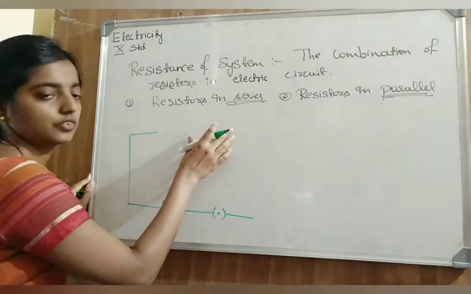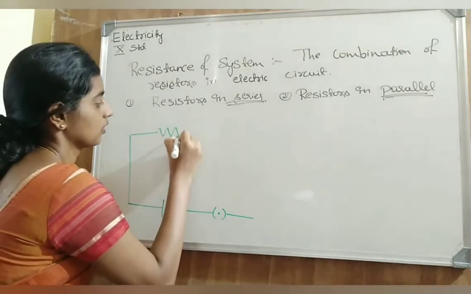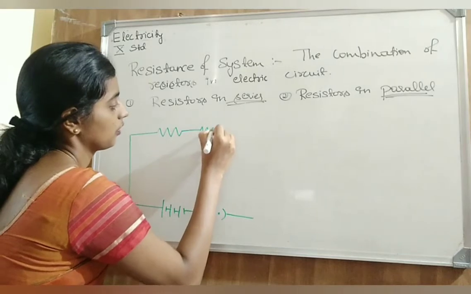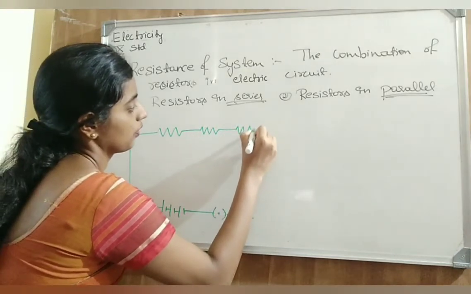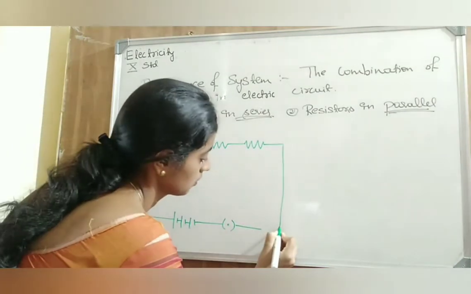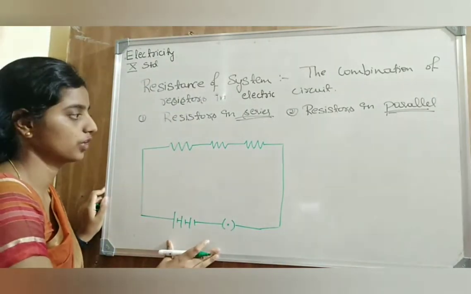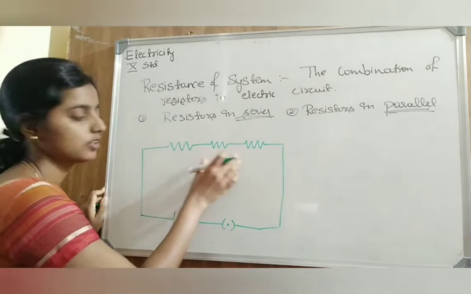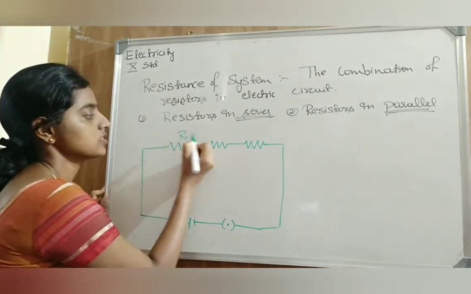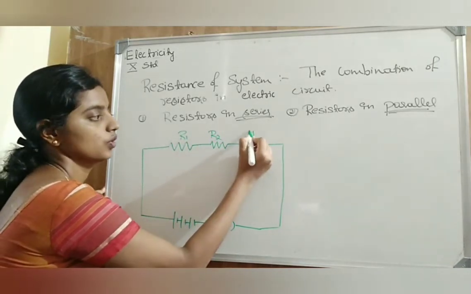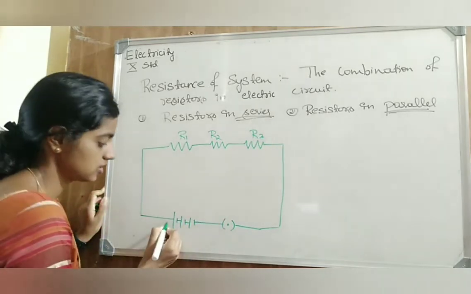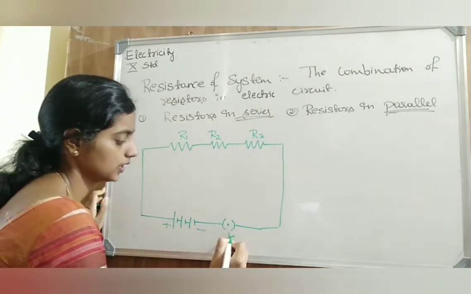We are taking three resistors. This is our basic circuit diagram where we have three resistors. Let us call them R1, R2, R3. And this is our battery, and this is our plug key.